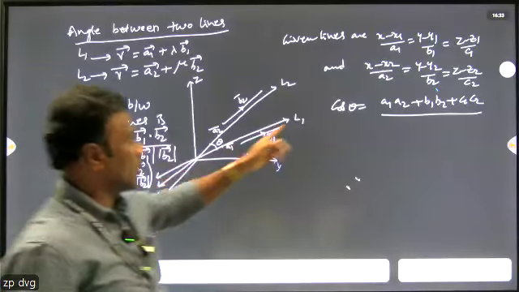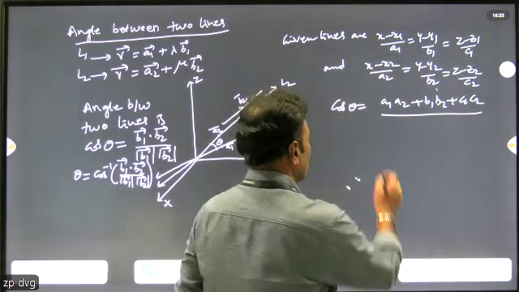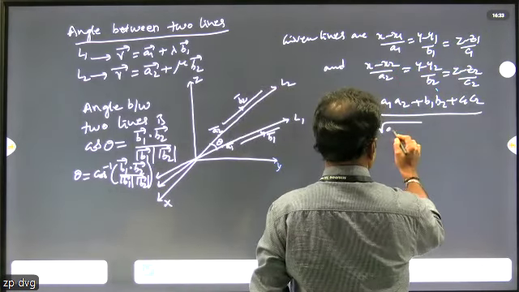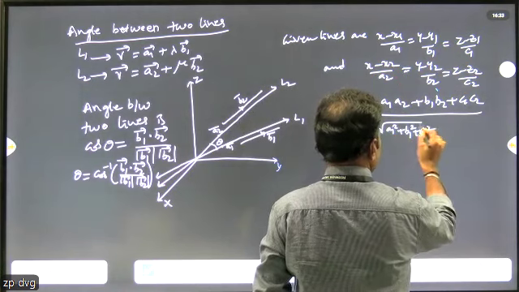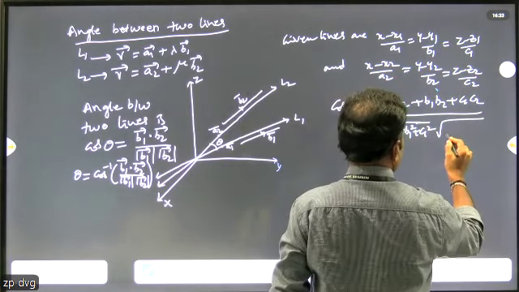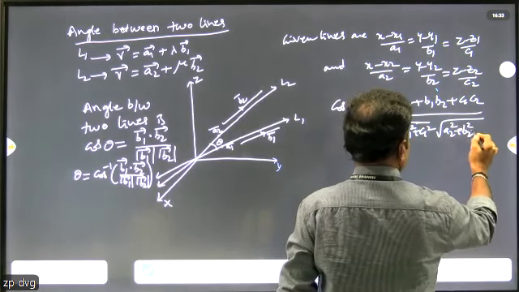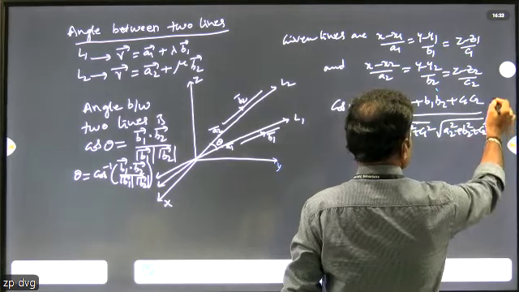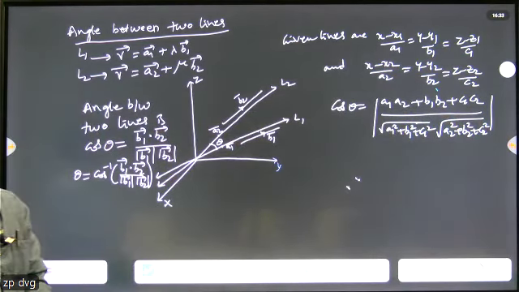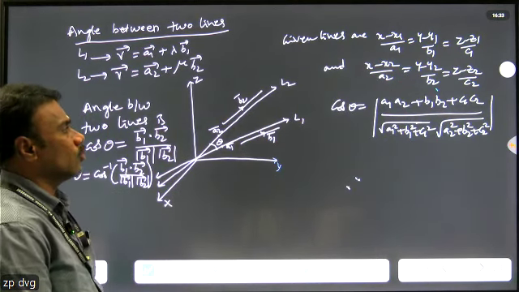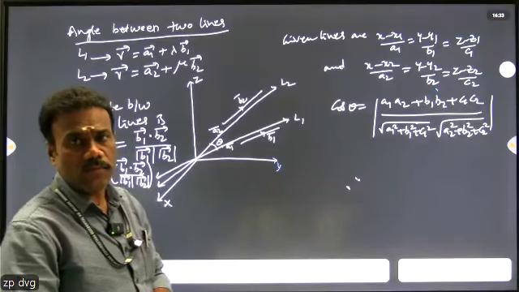Mod b1 bar is root over a1 square plus b1 square plus c1 square, and mod b2 bar is root over a2 square plus b2 square plus c2 square. If you want the acute angle, you can take the modulus. So this is the angle between two lines when the two lines are given in Cartesian form.